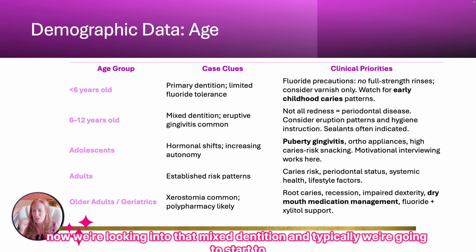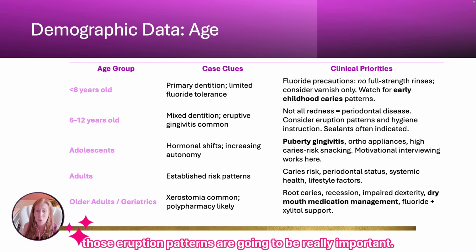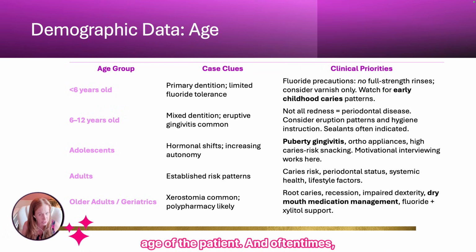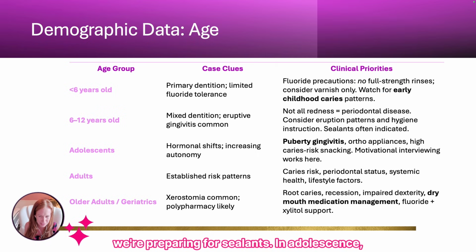From ages 6 to 12, now we're looking into that mixed dentition, and typically we're going to start to see some eruptive gingivitis going on. Those eruption patterns are going to be really important. We may need to take a look at a pano and identify the potential age of the patient. And oftentimes, right when we start to get those 6-year or 12-year molars coming in, we're preparing for sealants.